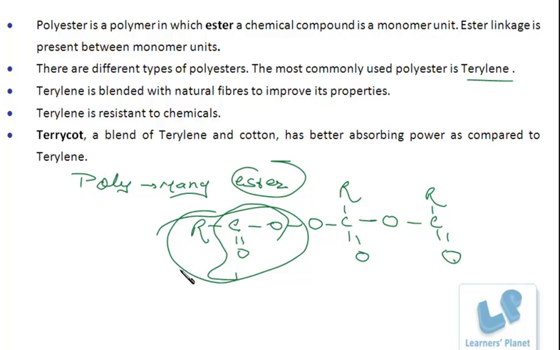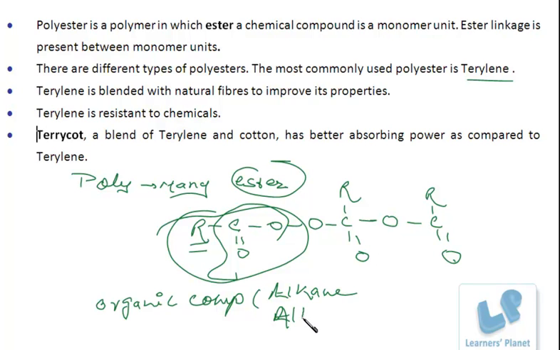See students, the ester is there, of course, but this is R. This stands for an organic compound. Of course, ester as a whole is also an organic compound, but this R stands for anything, that is, for alkane or alkene, any organic compound.